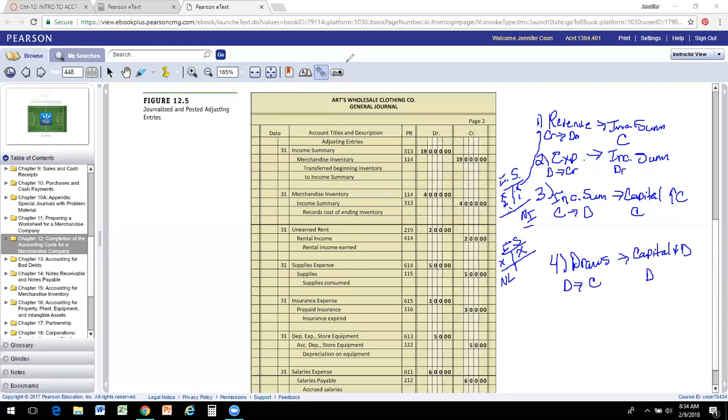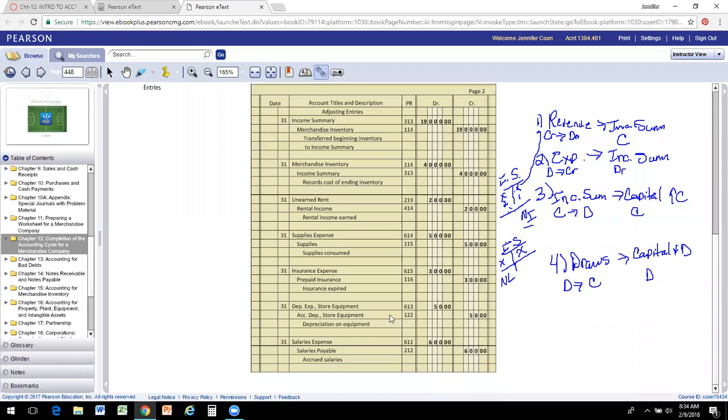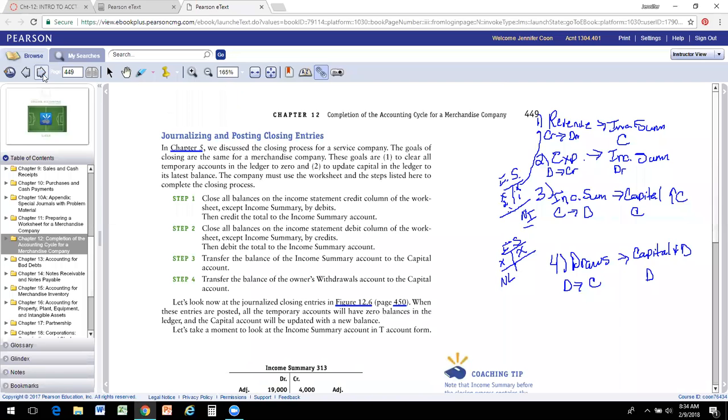So they're giving you these journal entries here, and they're having you go in and, let's see, what are they doing? I think these were the adjusting entries, and then I probably jumped ahead. These look like the adjusting entries. In the next page, let's see what we get over here.